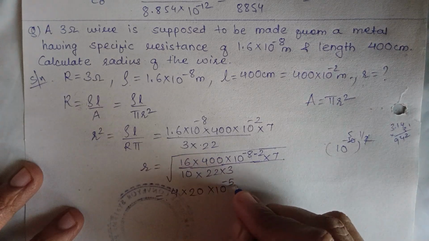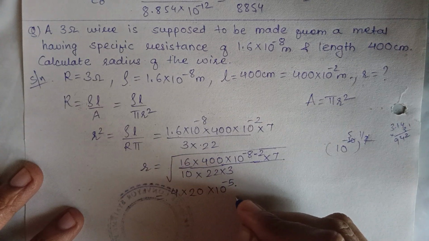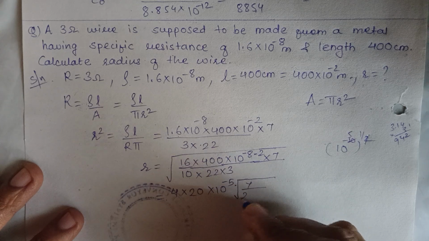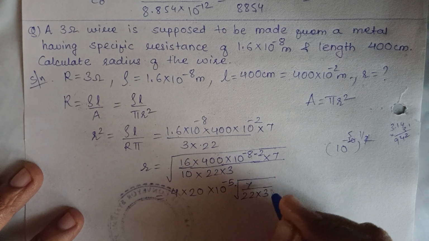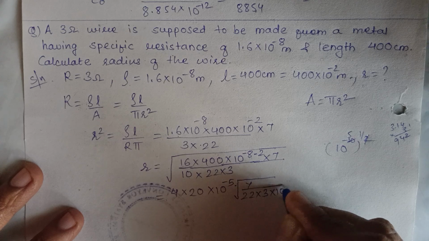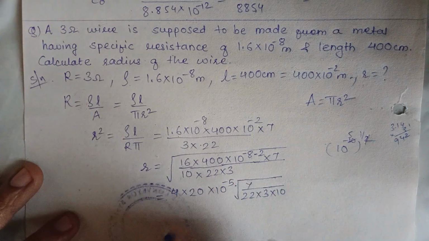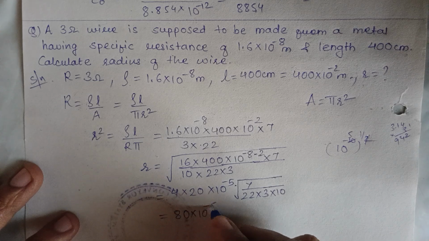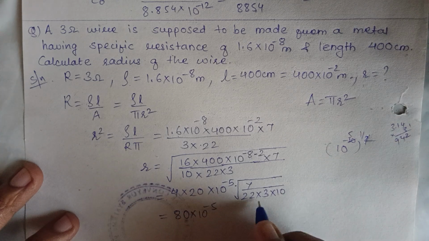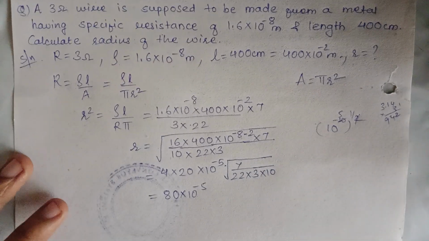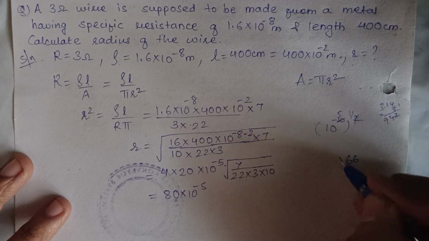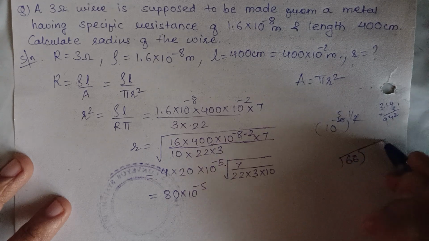Okay. Now everything is in 7 upon 22 into 3 into 10. These things are under root. Okay, so I can write this as 66 dividing 7.